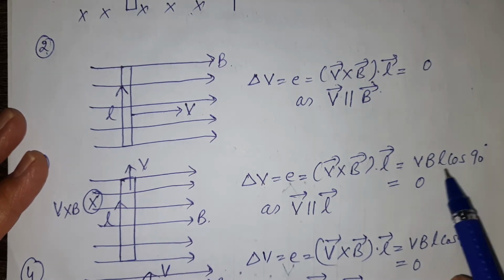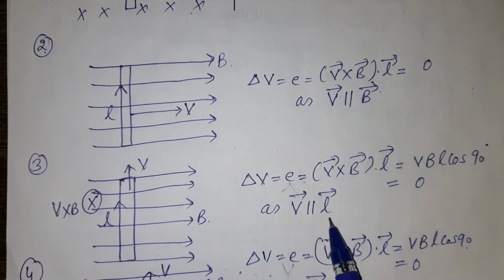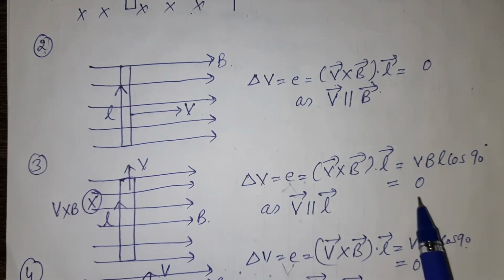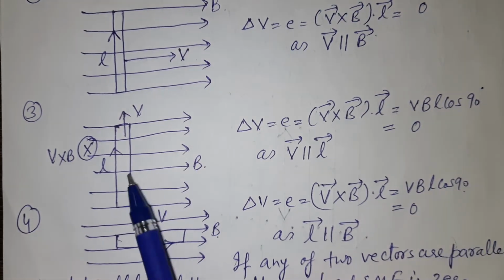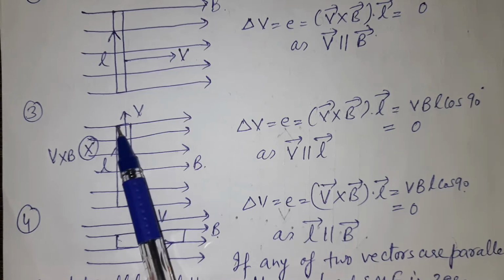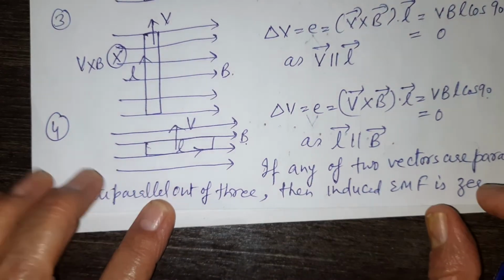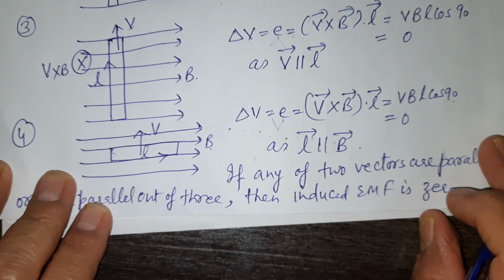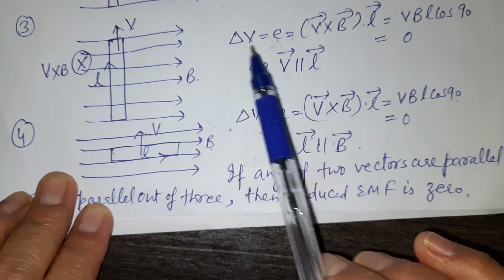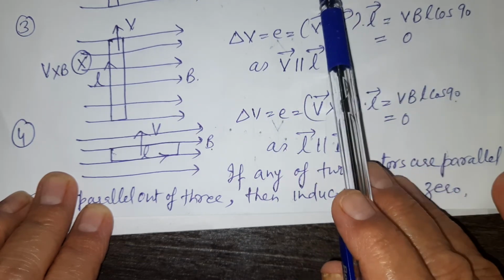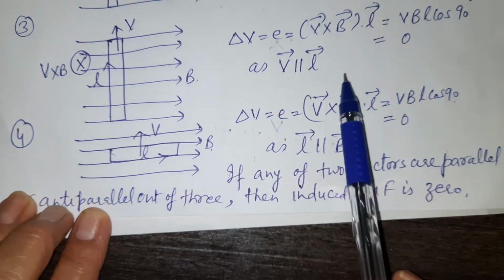So VBL cos 90, as V is parallel to L. Again, the induced EMF is 0. So whenever any two out of three are parallel, then we get induced EMF 0. As in this case, V is parallel to L.